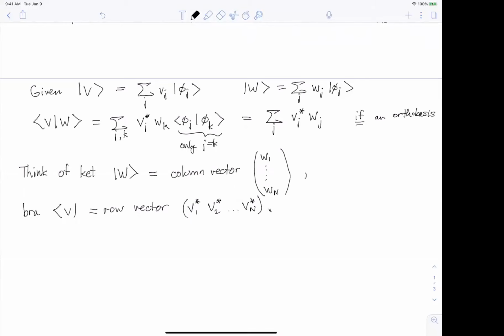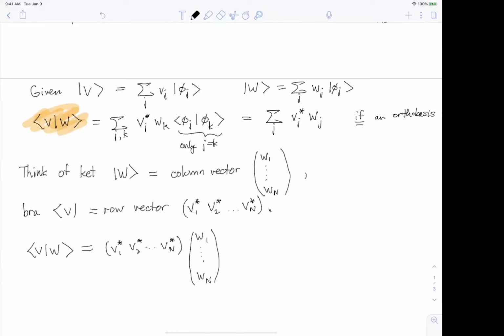Okay, then our formula up here for what the inner product is going to turn into is V1 star, V2 star, up to V sub n star. We just do the usual sort of matrix multiplication of two vectors, with a row vector times a column vector.